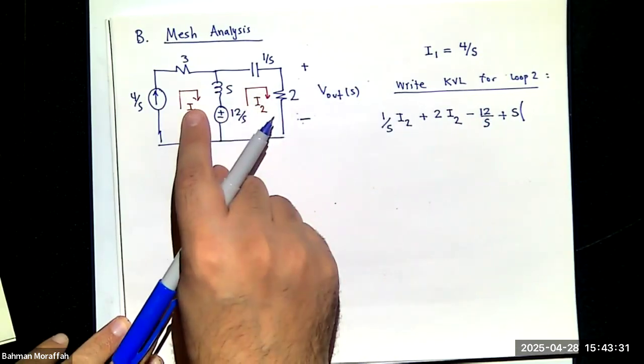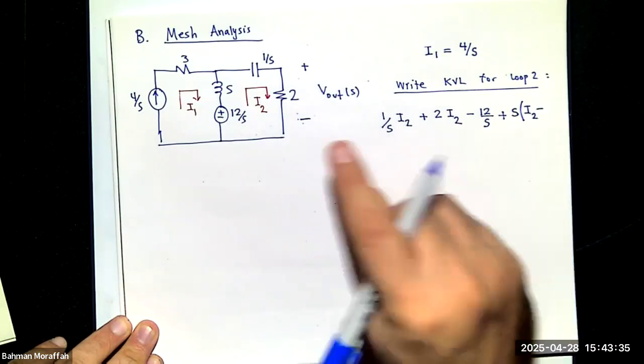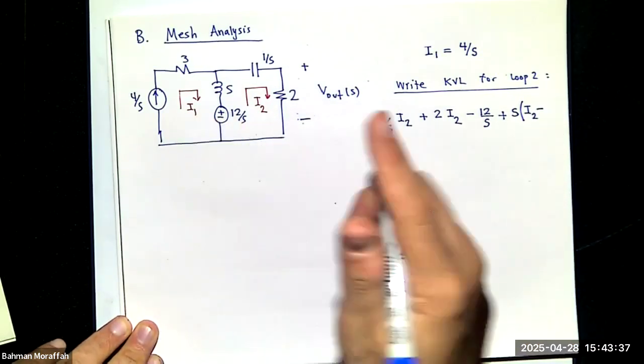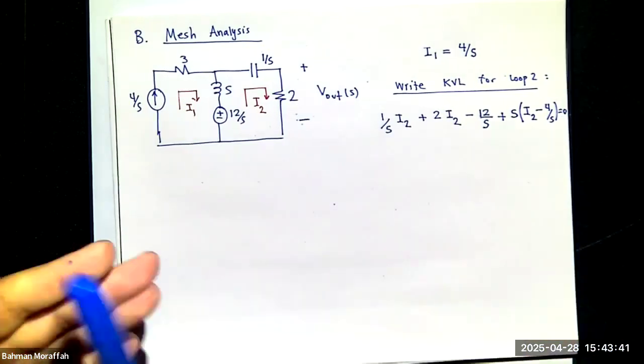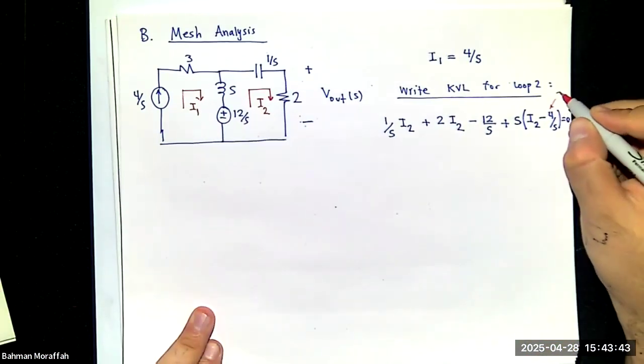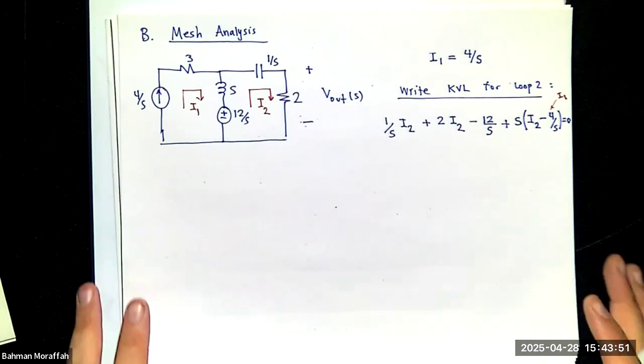It's I2 minus I1, right? So it's I2 minus I1. But what is I1? It's 4 over S. This must be 0. Remember, this is I1. Right? The rest is just simplification. There is nothing to it.